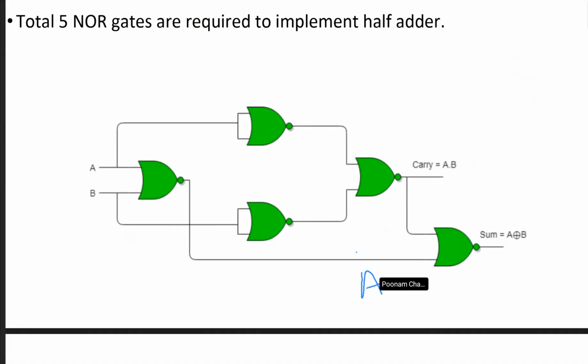So for the fifth gate we have one input as A complement plus B complement, and the second input is AB. You can take this as X and that one as Y, and then you can simplify. So here you should get A dash B plus A B dash.